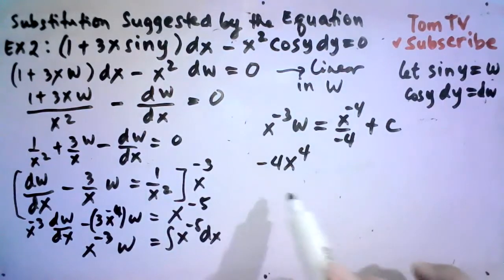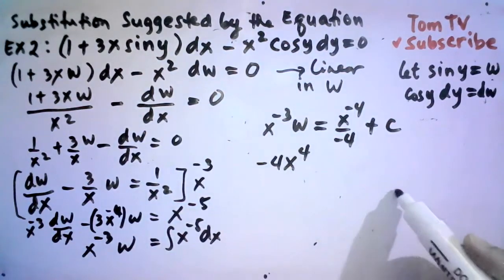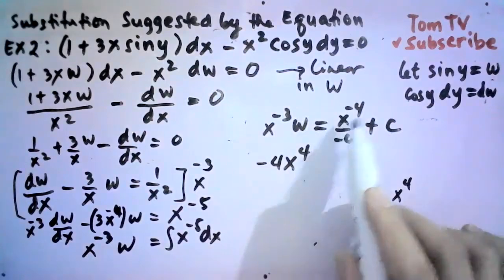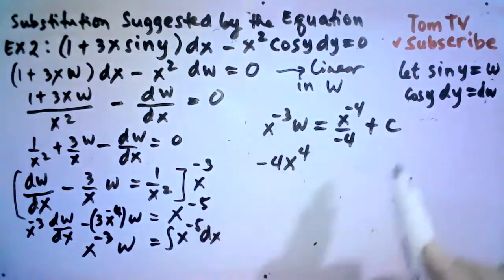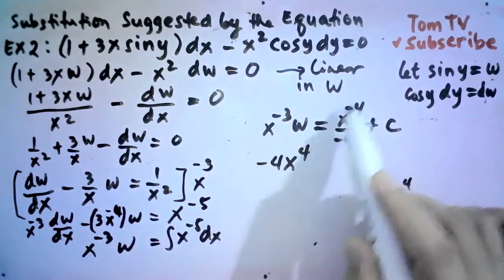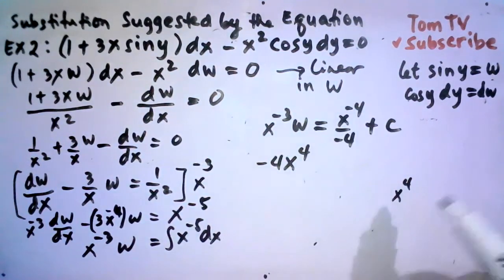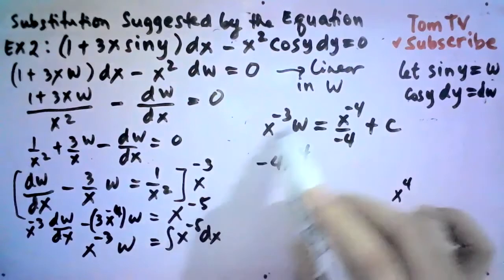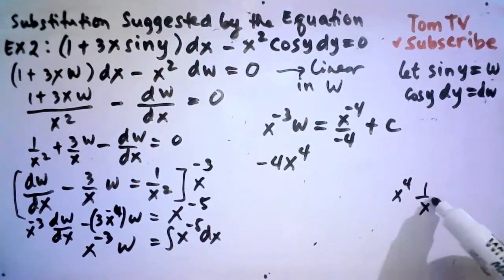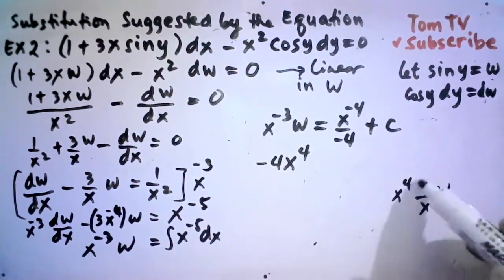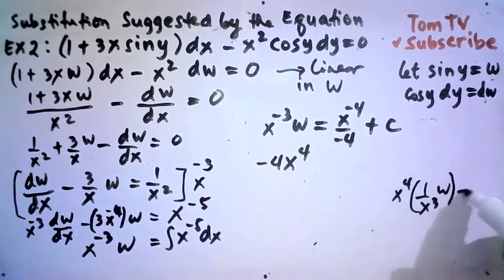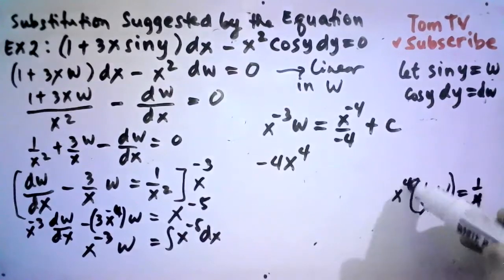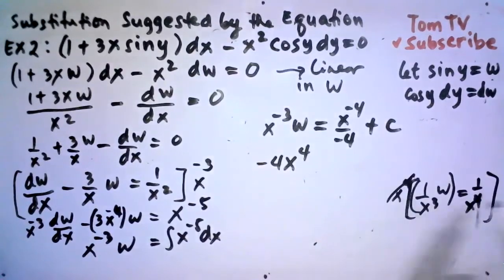Why do I need to multiply both sides by x to the fourth? This is x to the negative 4, this is x to the negative 3. I will write x to the fourth, because if I rewrite this as w over x cubed, and for this part, 1 over x to the fourth, multiplied by x to the fourth, we can cancel x to the fourth.